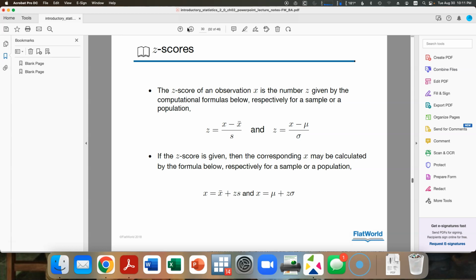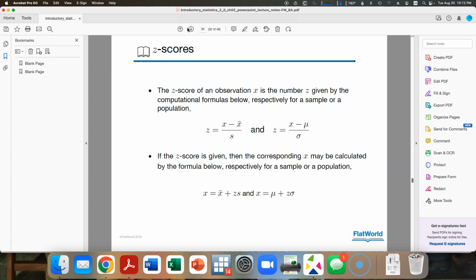allows us to compute the distance of an observation, to get the distance between that observation and the mean, and that z-score is going to tell us that number in units of the standard deviation.